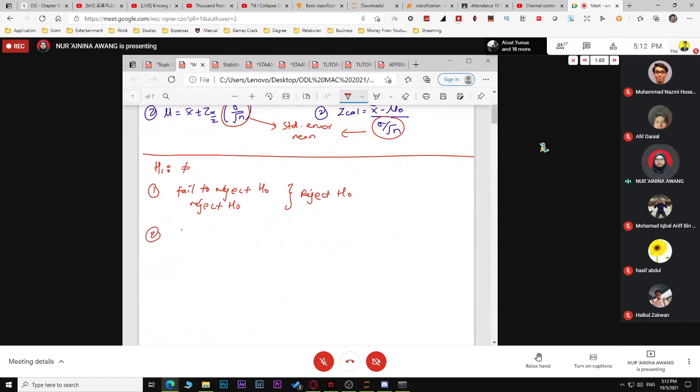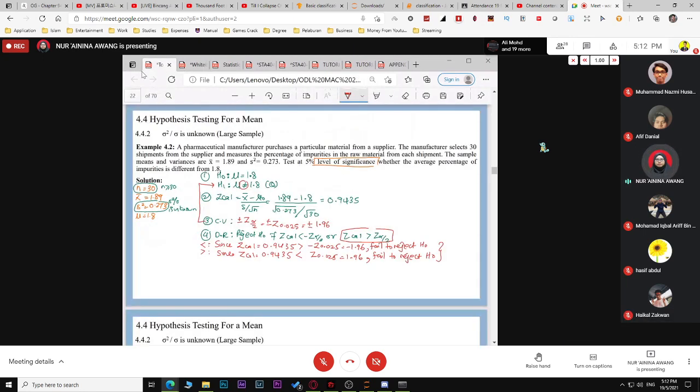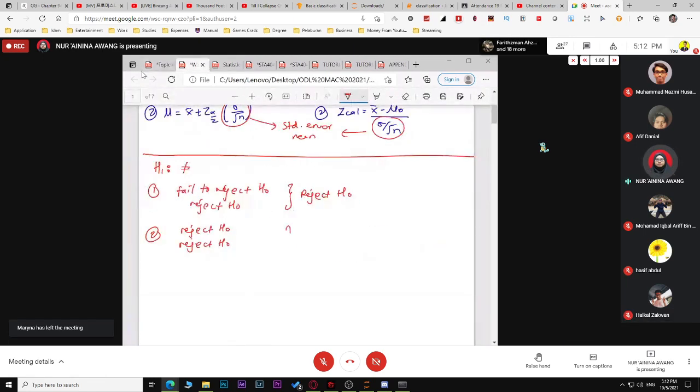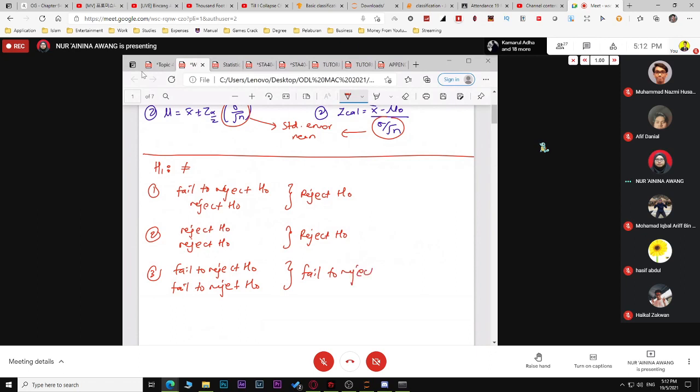The second case is both reject, so dia akan jadi reject H null. Tapi kalau case dia dua-dua fail to reject H null, so dia akan jadi fail to reject H null.